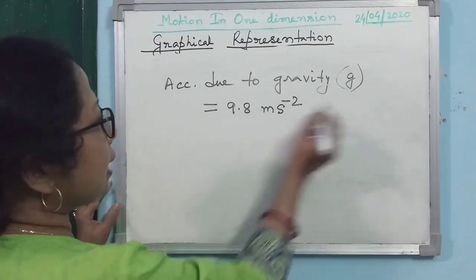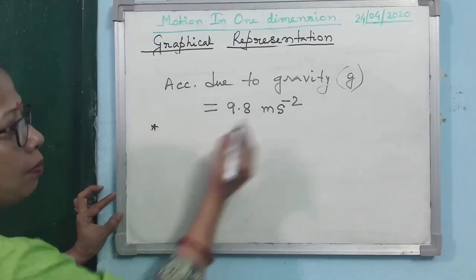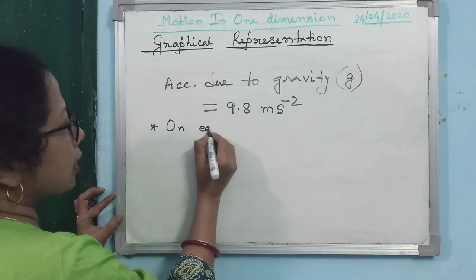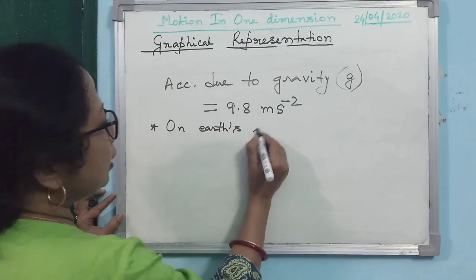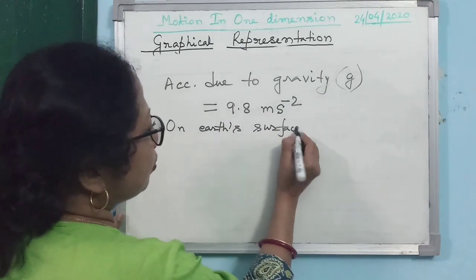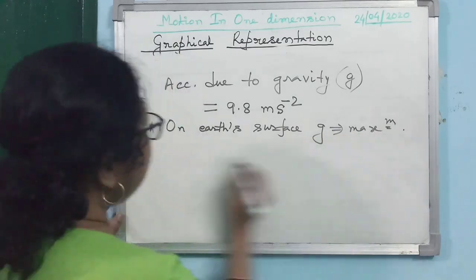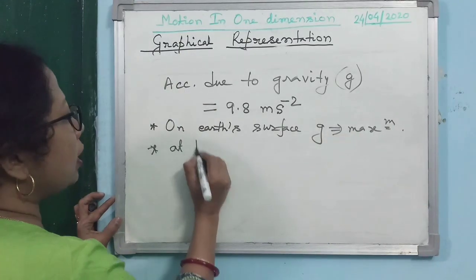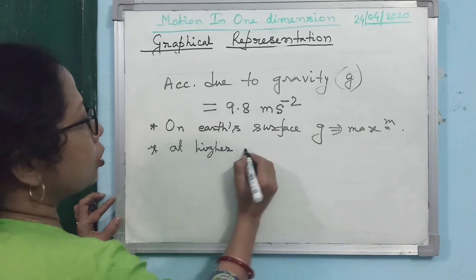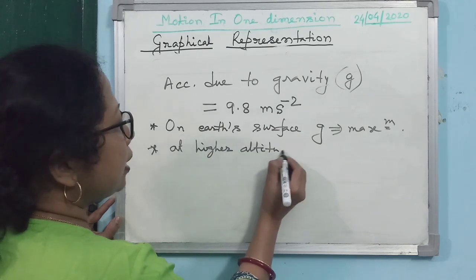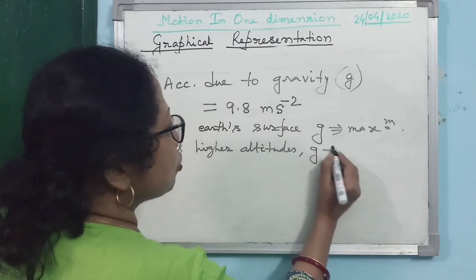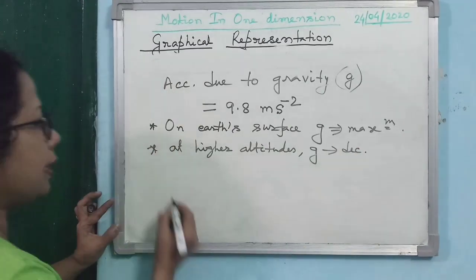So regarding acceleration due to gravity, you have to remember this point. On earth's surface, g is maximum. Then at higher altitudes, what happens to the value of g? The value of g decreases.